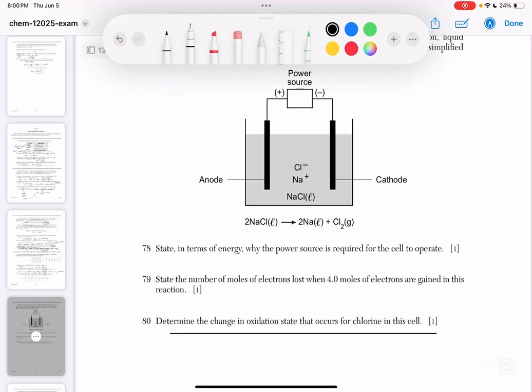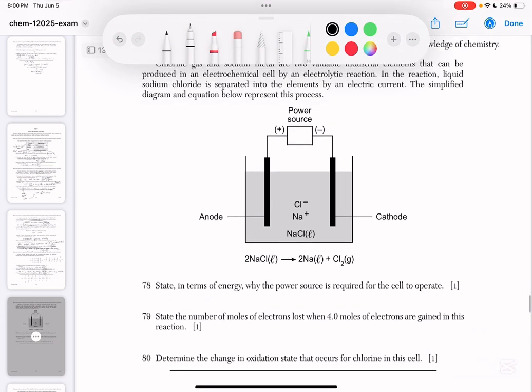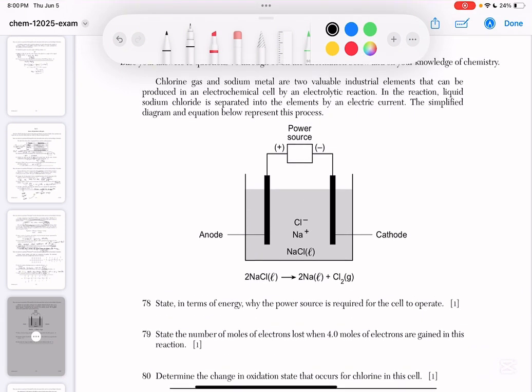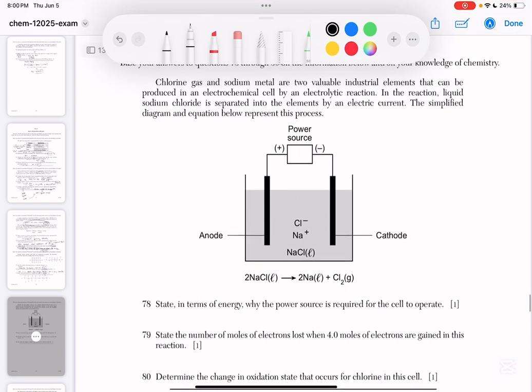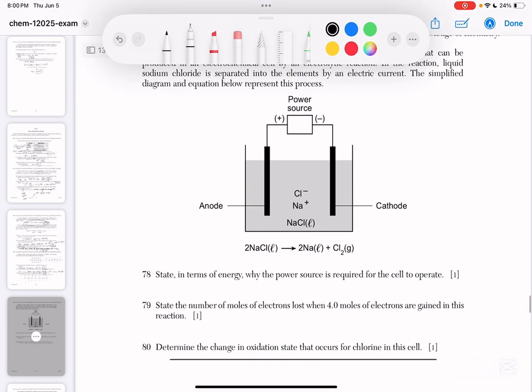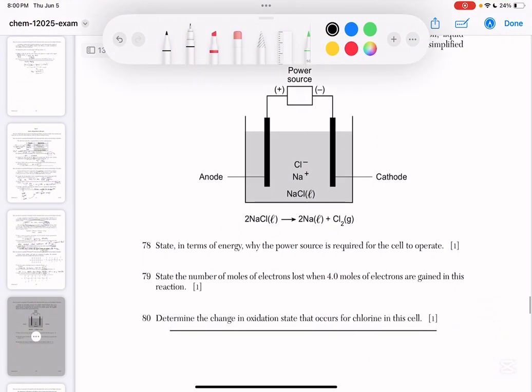State in terms of energy why the power source is required for the cell to operate. Okay, so this is just an electrolytic cell. Is that all you say? I guess so.